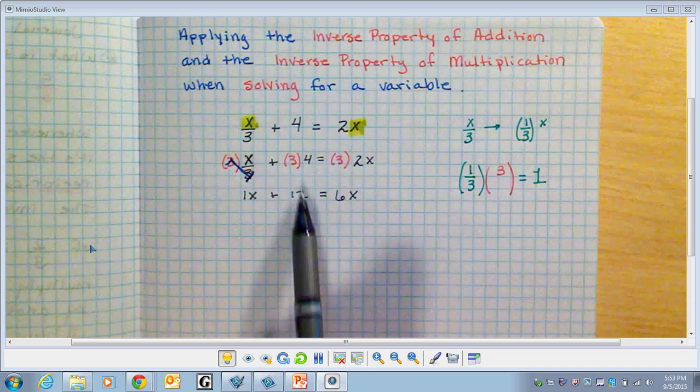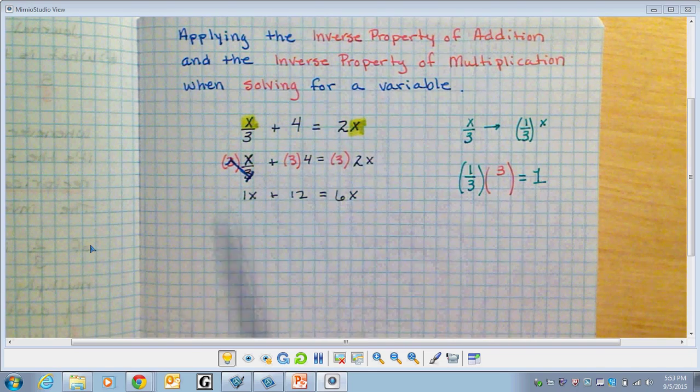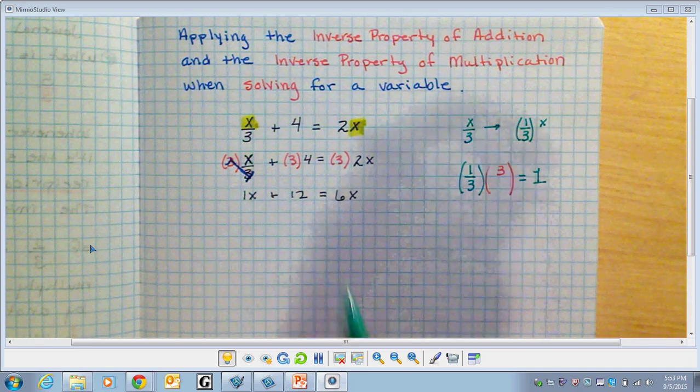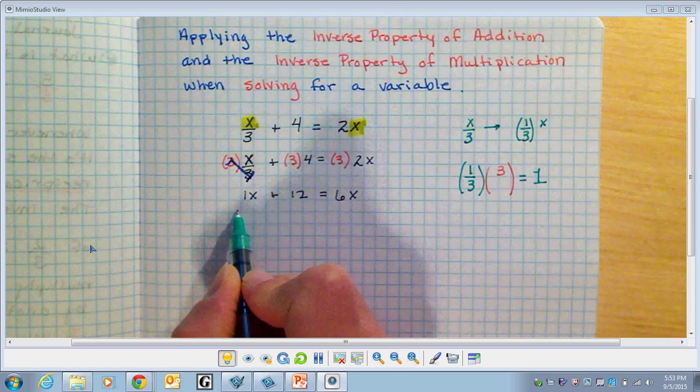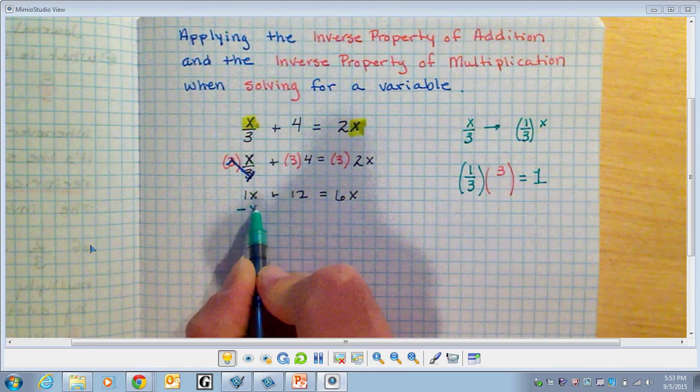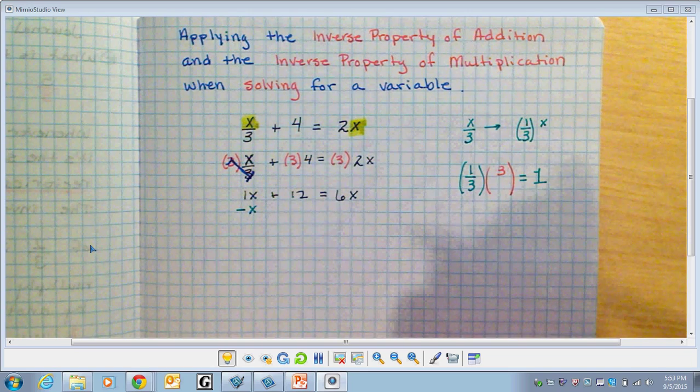In other words, I have to use the inverse property of addition. The inverse property of addition tells me I need to take the inverse of x, which would be minus x. Just remember, 1x and x mean the same thing.